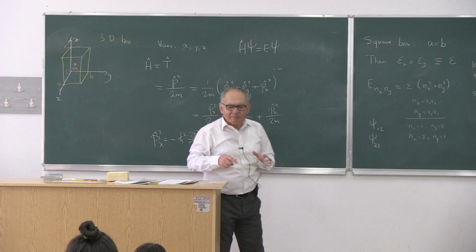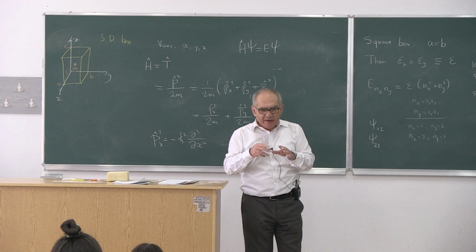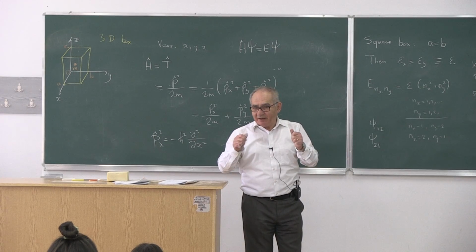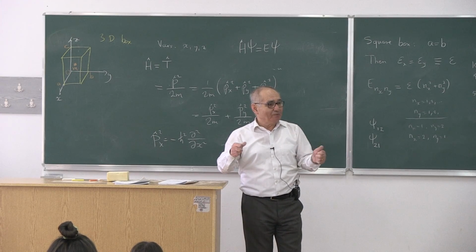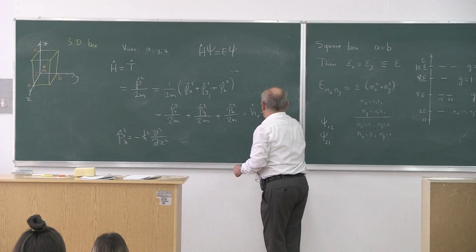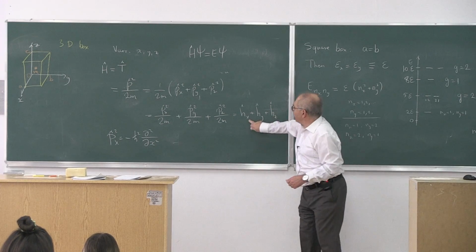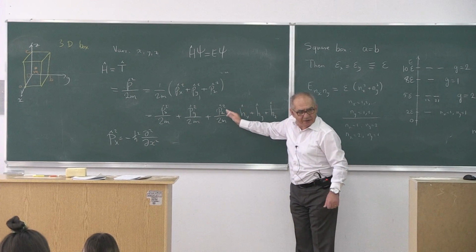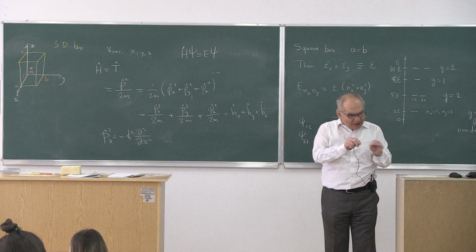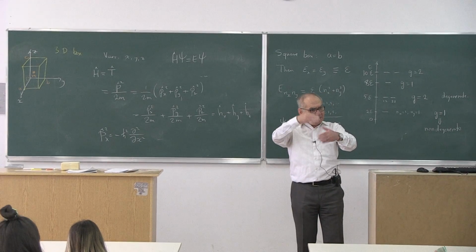Therefore, we may imagine this mathematical problem of 3 variables as if there are 3 non-interacting fictitious particles moving. Hx is this term, Hy is this term, Hz is that term. 3 independently moving, non-interacting, fictitious particles, because there is only one real particle. The real particle is moving in 3 dimensions.